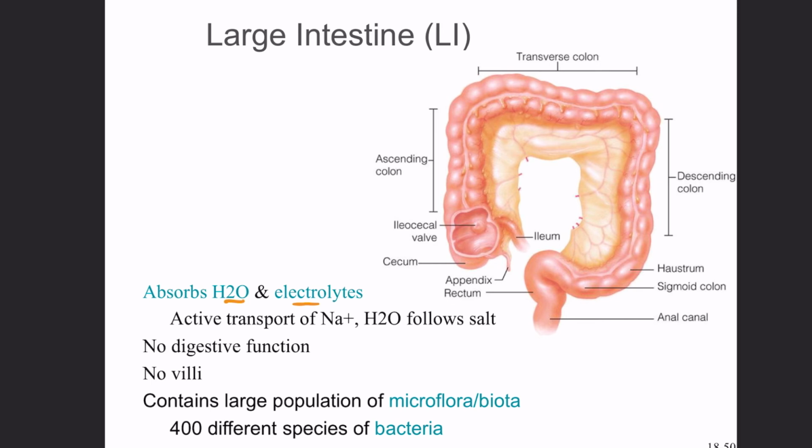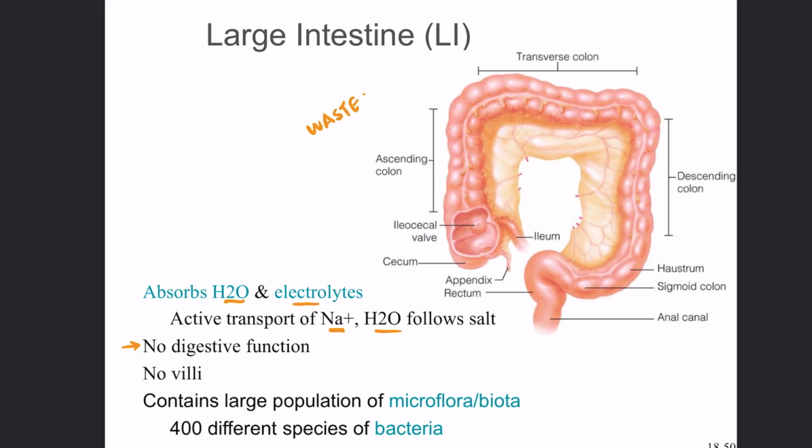There is active transport of sodium, and water is going to follow that, just via basic osmosis. So there is no digestive function here. By the time food, you wouldn't even call it food now, by the time chyme is in the large intestine, this is now considered waste.